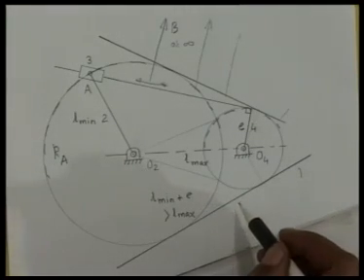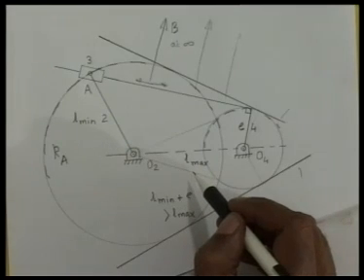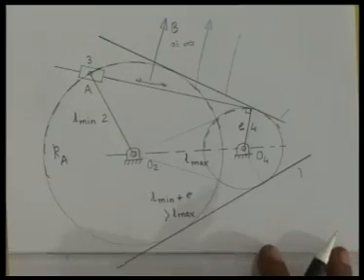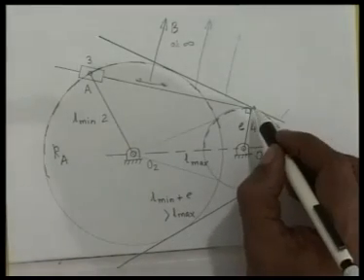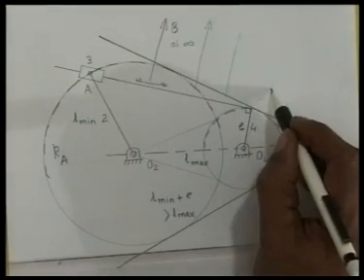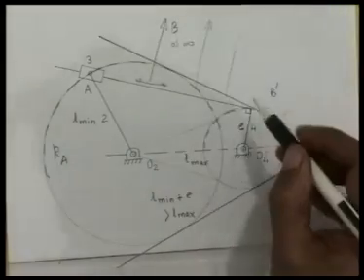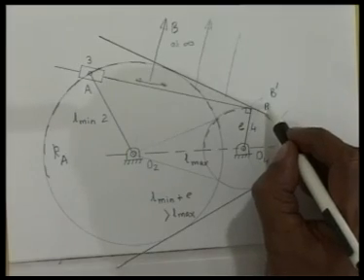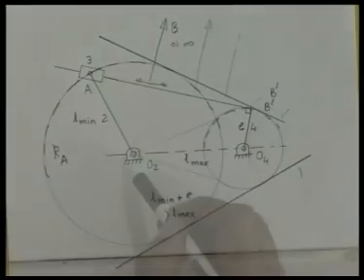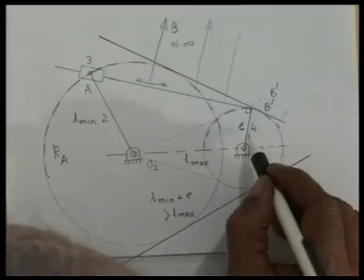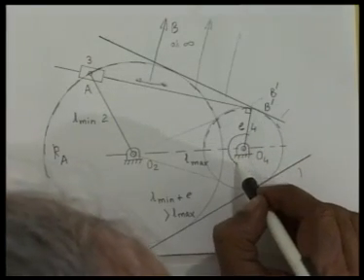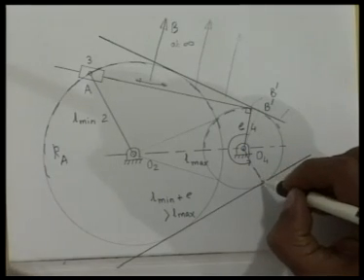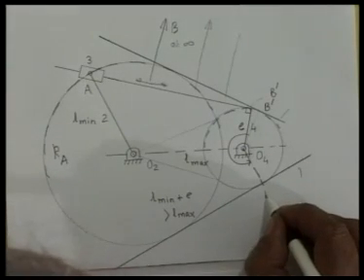Let me see what happens when A occupies rather this point, if I call it B prime. B is at infinity, I call this point B prime. When B prime comes here and if it oscillates in this direction up to this point of tangency, let me call it B2 prime.